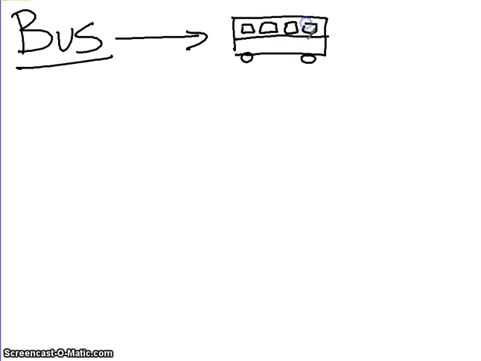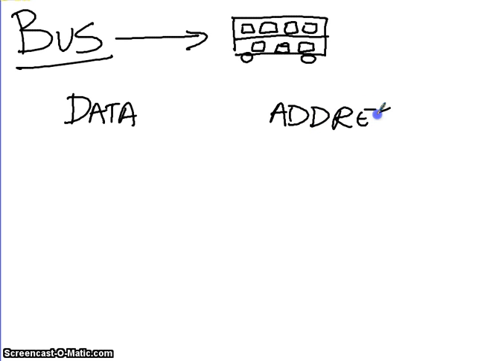Okay, and if you think of people as little chunks of data or little pieces of information, then you can understand how much stuff is being passed around. Now, there are two main types of bus. There is a data bus and an address bus. Never the twain shall meet.